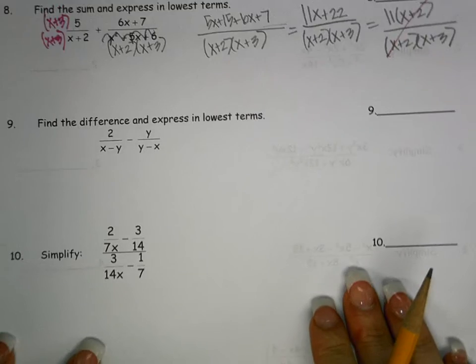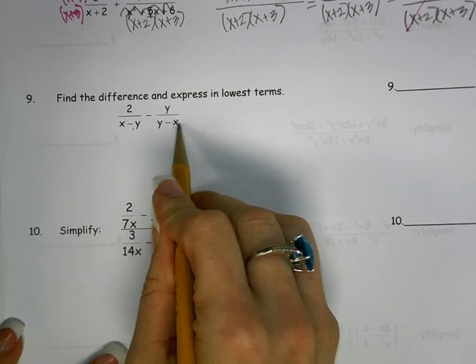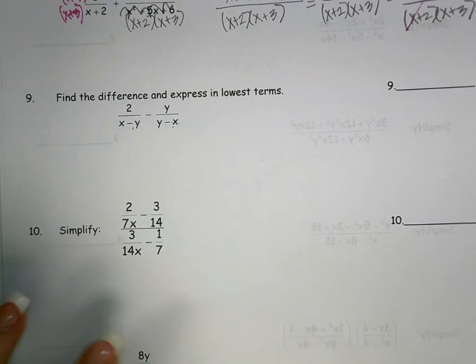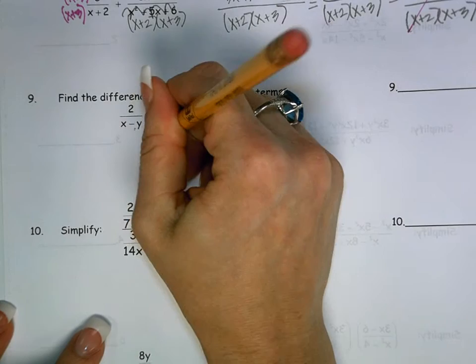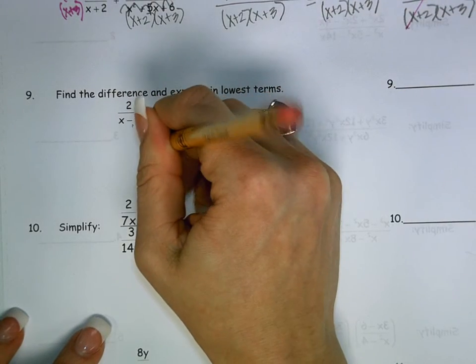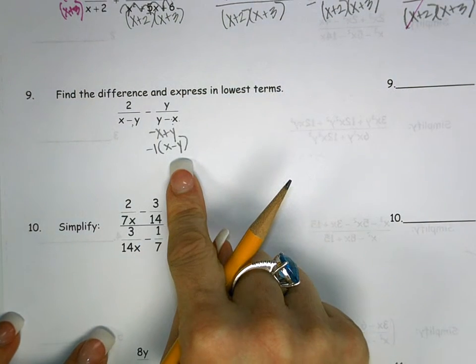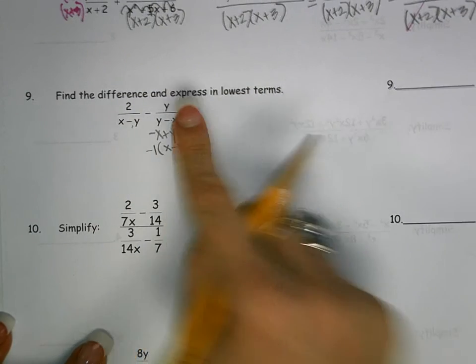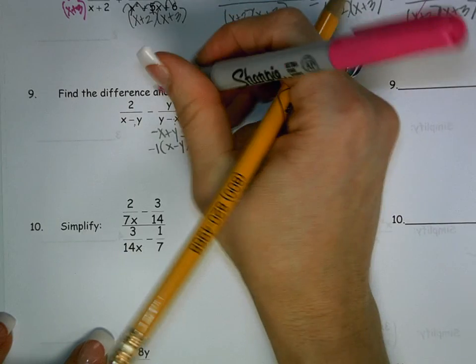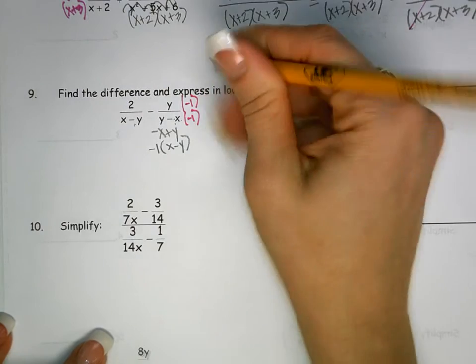Okay, on number 9. Are these the same thing? No. This is exactly opposite of it. So if I want to get them to be the same denominator, all I have to do is multiply this one by a negative 1. If you multiply by negative 1, you will get the same denominator.